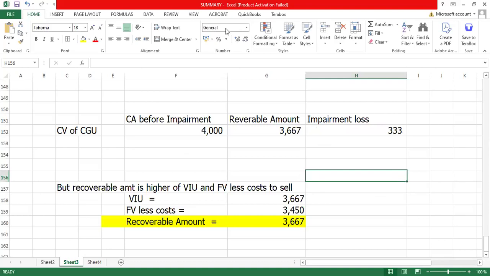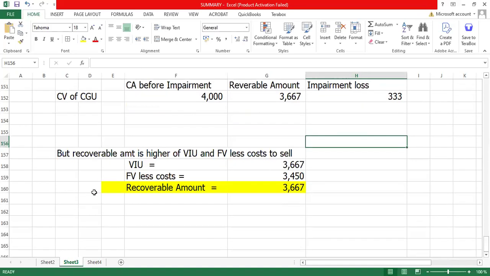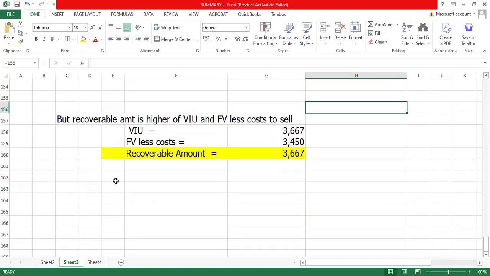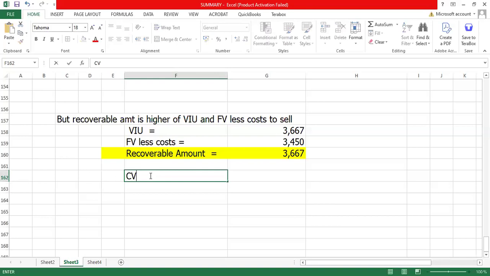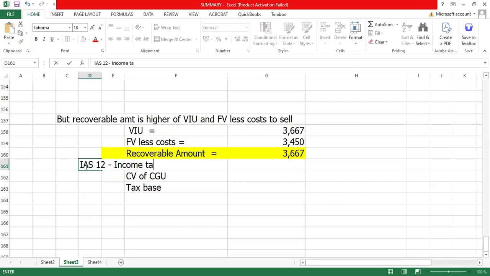Then the other, for the tax base, you simply compare the carrying value of the CGU with the tax base of the CGU. Here you are applying IAS 12, income tax. You are not applying IAS 36.